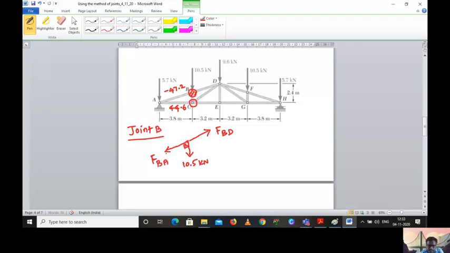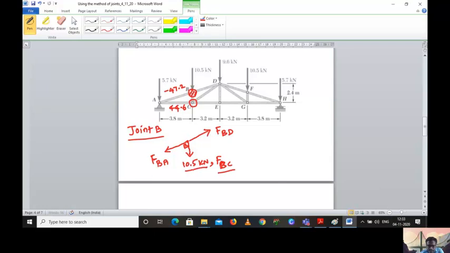And don't forget that you are having another force, from B to C, so 10.5 kilonewton and FBC will act in the same direction.